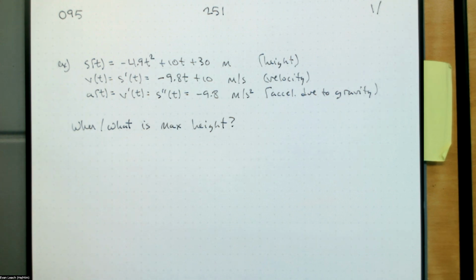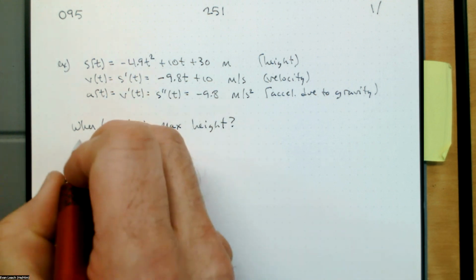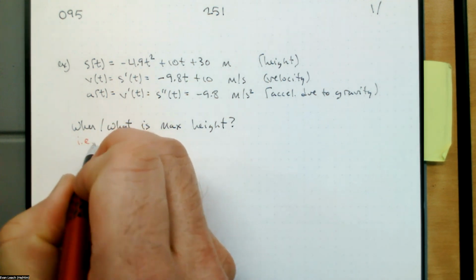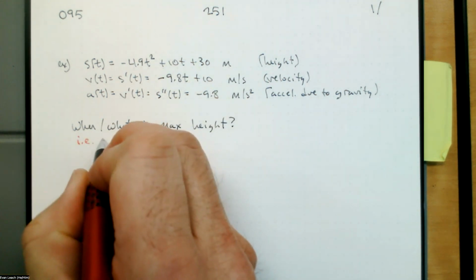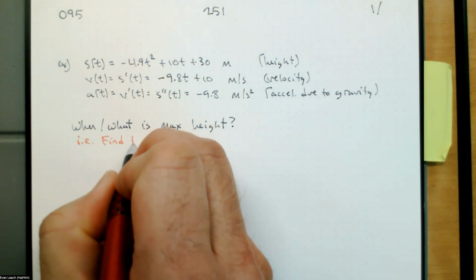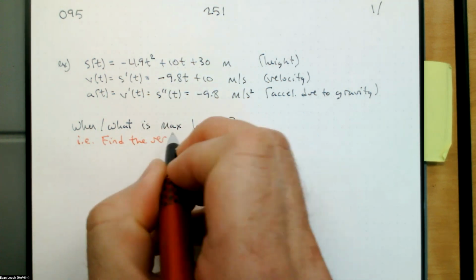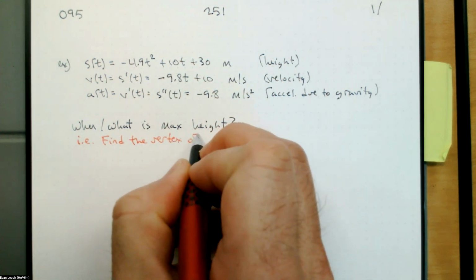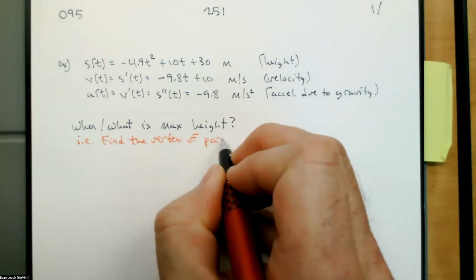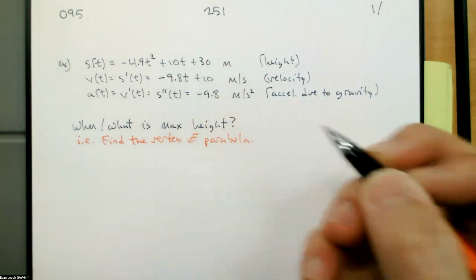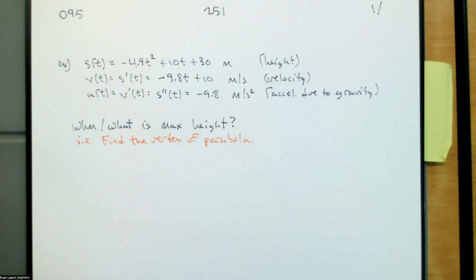From a pre-calculus standpoint, we're thinking, what is the vertex? Another way to ask this question is, what is the vertex of this parabola? So we just have to find the vertex of the parabola. Well, let's just do that.